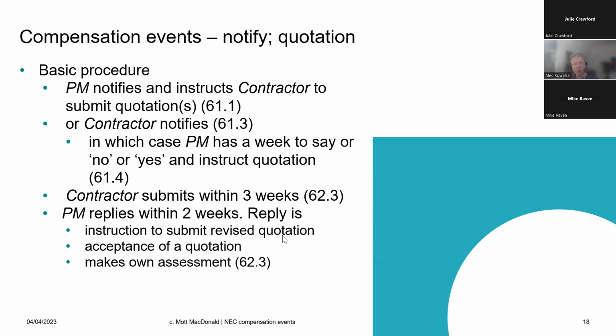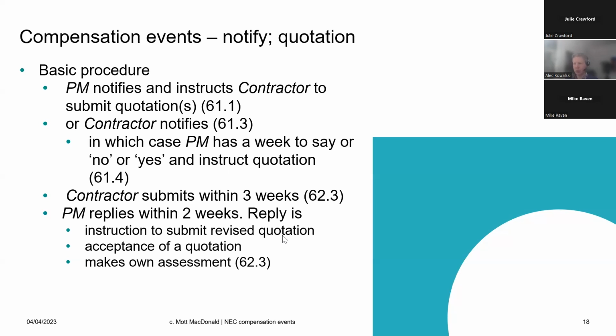So this comes down to your experience and your opinion. It could be, I agree with these parts of the quote. I don't agree with these parts. Please re-quote them. Or you haven't provided any substantiation. So yes, you provided me with a quote, but I don't know why you're using these rates or these timescales. Can you explain it further?